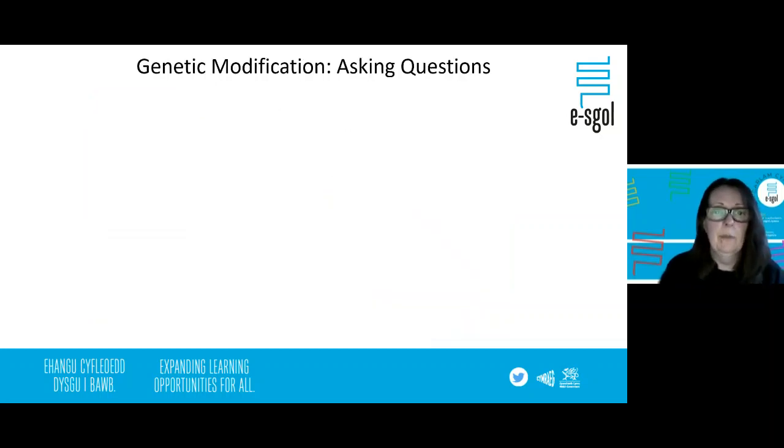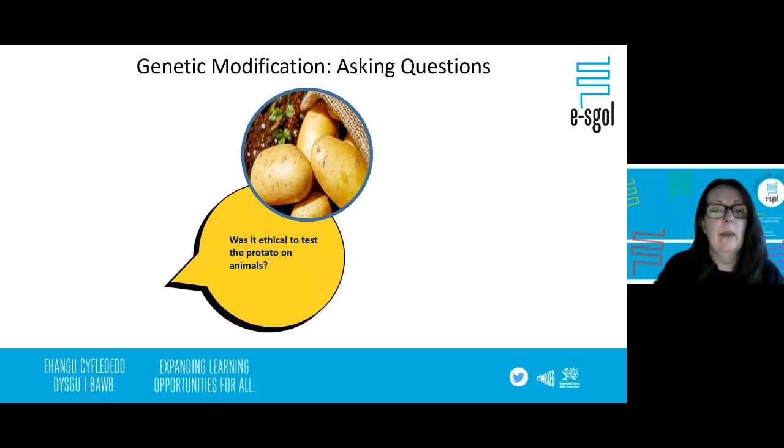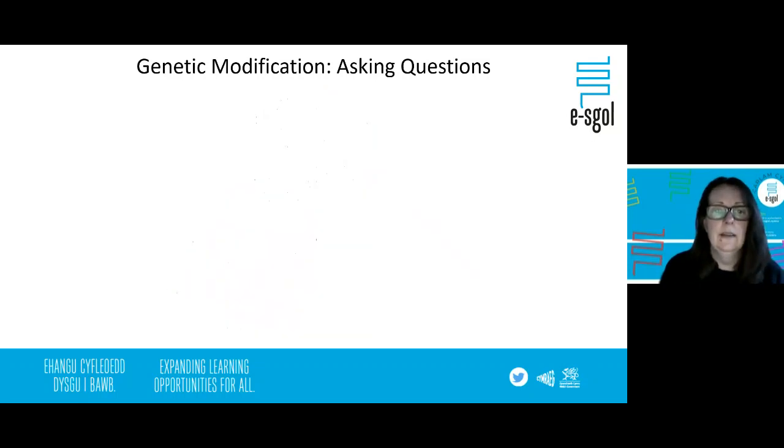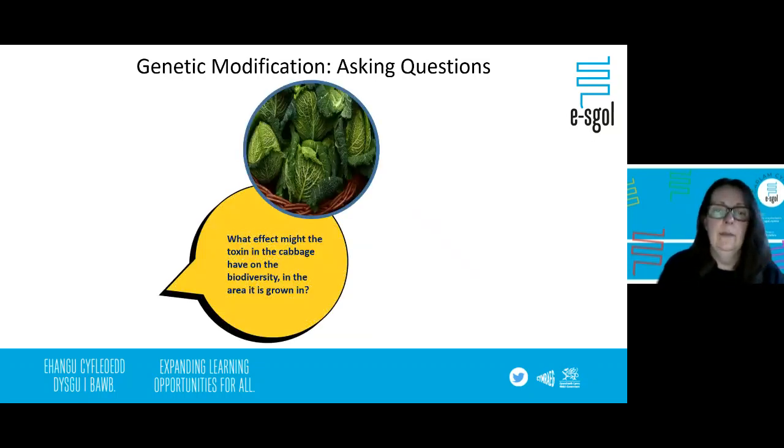So a couple of things that I want you to think about, just as an aside, while you are thinking about this topic. Was it ethical to test the Protato on animals? These are just points to consider. Secondly, what effect might the toxin in the cabbage have on the biodiversity in that particular area?